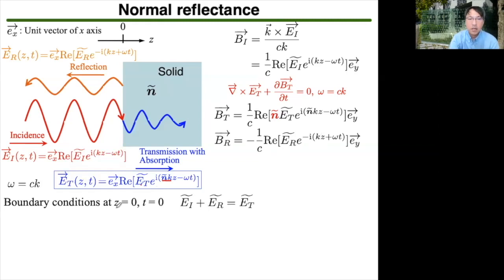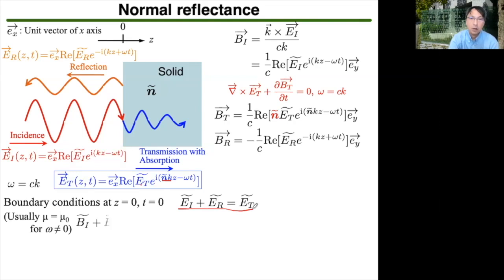In this case, the x and y components of the electric field must be continuous as a function of z. Since all the electric fields of the incident, reflected, and transmitted light are along the x direction, this relation is satisfied from the boundary condition.